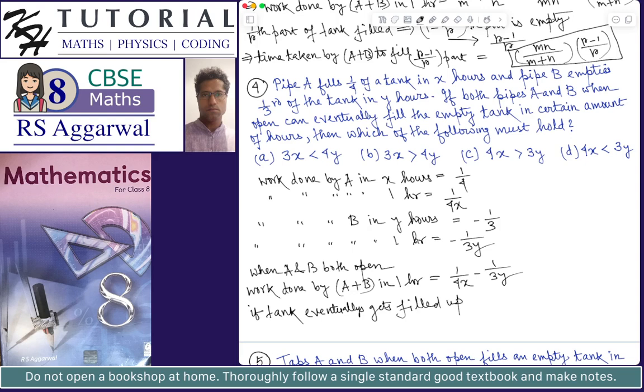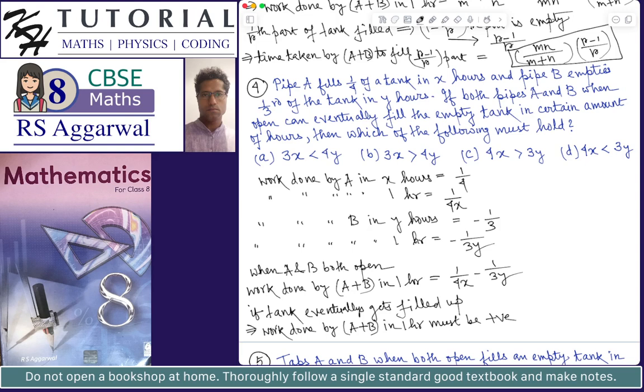So if the tank eventually gets filled up, this will imply definitely that work done by A plus B in 1 hour must be positive. Only when the work done per hour is positive do we know that the tank is filling up per hour, and if the work done per hour is negative, this means that per hour the tank is being emptied.